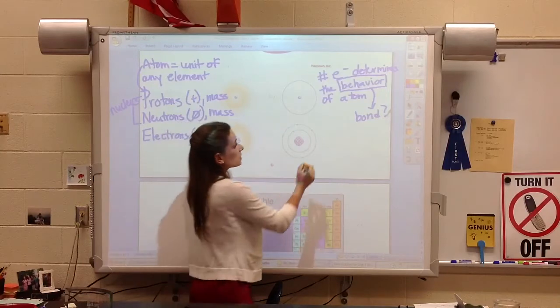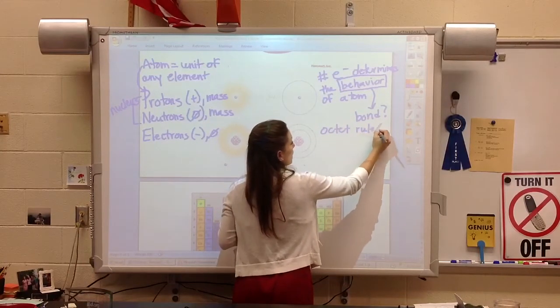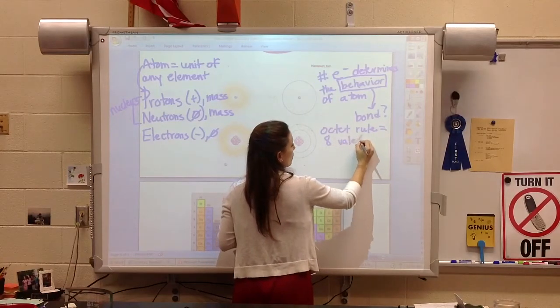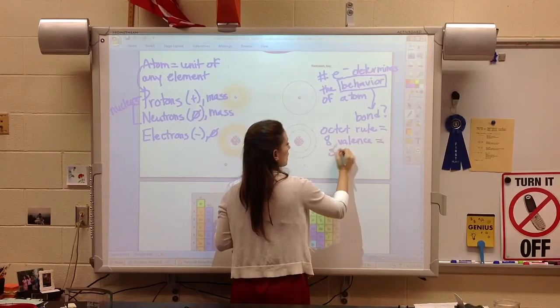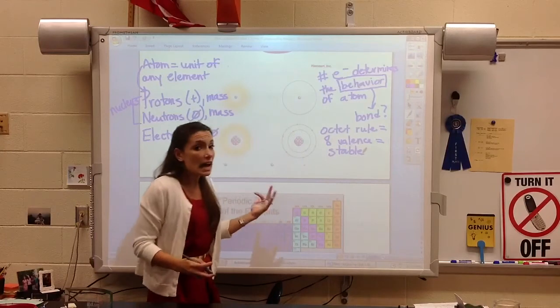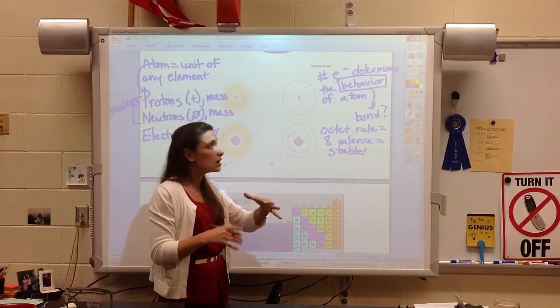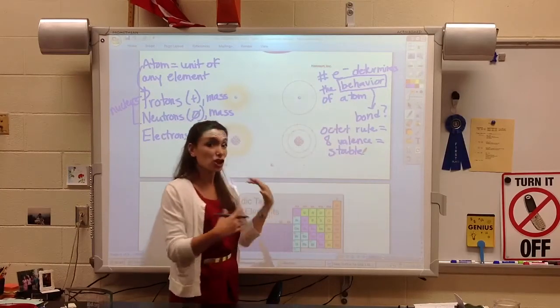And so one of the things we need to know is what's called the octet rule, meaning that when we have 8 valence electrons, or outermost electrons, we are stable. And so each atom is trying to get to that stable position, and so it might bond with another atom. They might share electrons.